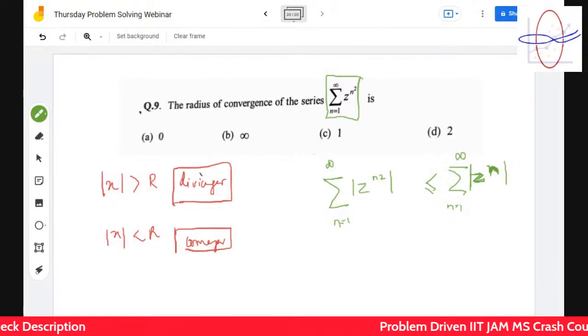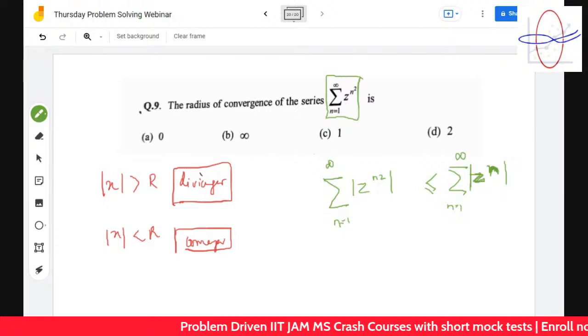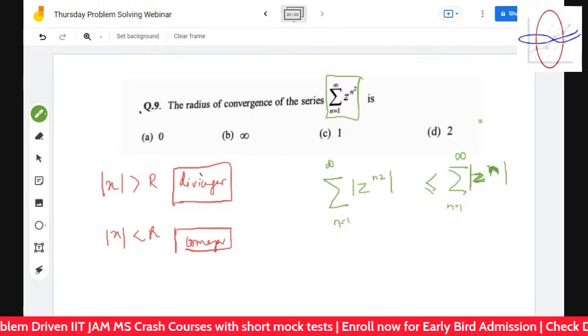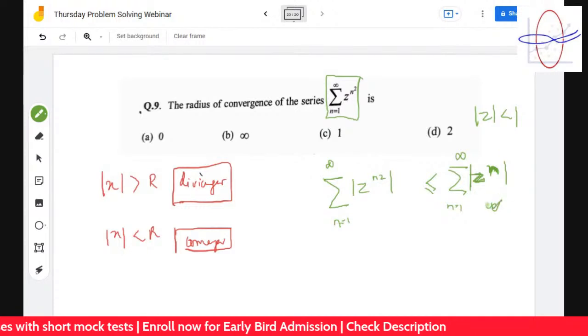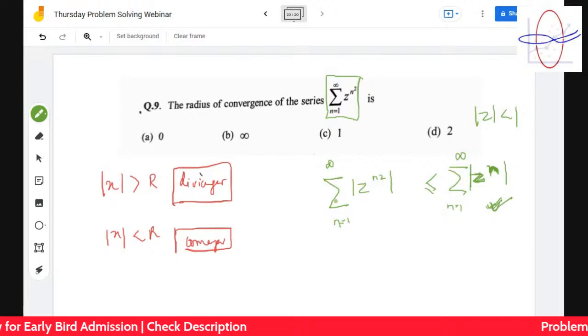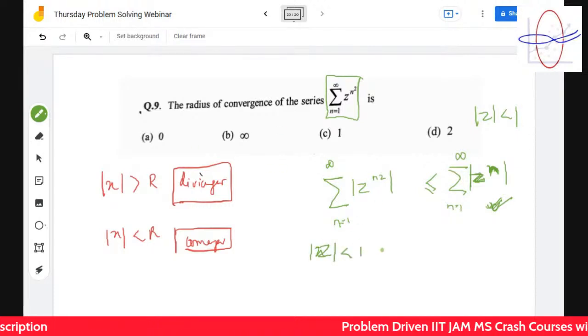So this converges for mod z less than 1. For mod z less than 1, this converges, right?